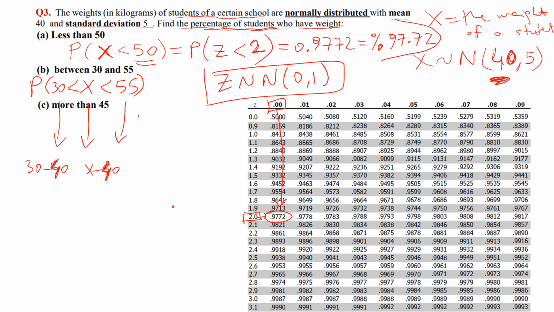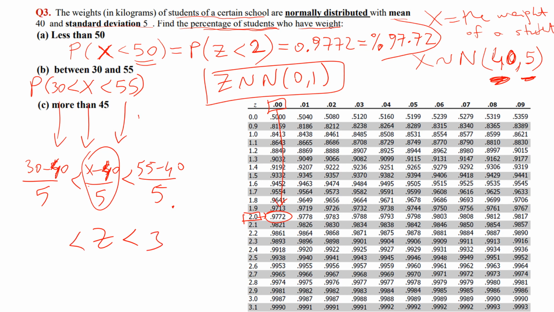And then 55 minus 40, divide by 5, the standard deviation. Now we will end up with this. This is automatically z. And this will be just 3, and this will be just minus 2.